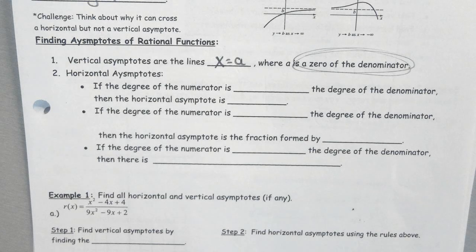This is a spot where I am picky. There are times I'm picky, times I'm not. If you write an asymptote and I say, what's the vertical asymptote? And you say 2, I'm not going to give you full credit. You would need to write it in the form x equals 2. So remember, vertical asymptotes are equations of a line, so you need to write it as an equation with an x equals.